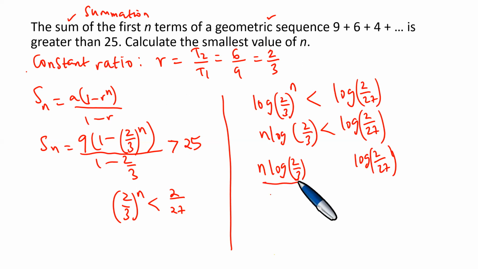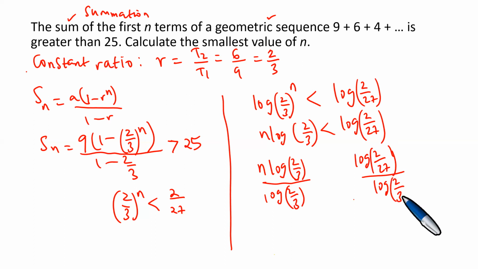You divide by the log of 2/3, divided by the log of 2 over 3. The inequality is going to change direction like this. Okay. Why does it change direction? Because we're dividing by a negative number.